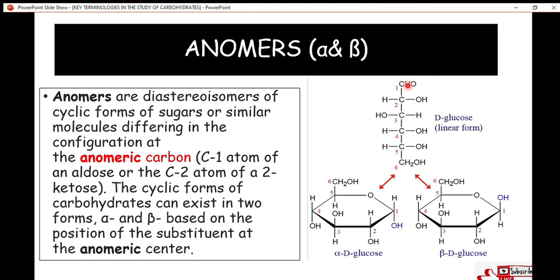So there is H2O: 2 hydrogens are lost and 1 oxygen remains. This oxygen forms a bond that joins carbon 5 and carbon 1 together, and so we have an anomer. These are the basic terminologies, and this is anomer for you.